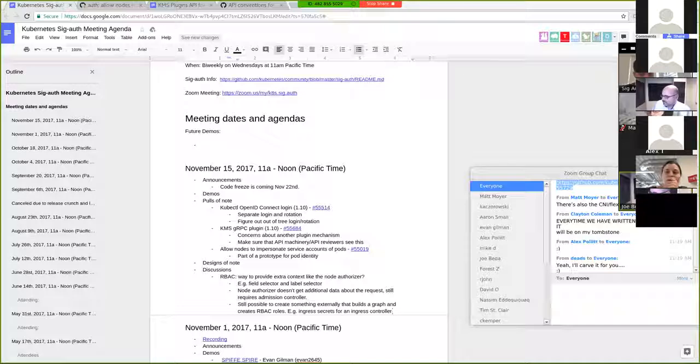The 1z case has to get easier though, and maybe this is to Mike's point. If it's still hard to do 1z rules because you're creating a role and a binding and a subject at the same time. There's a role and a binding. Yeah. So I think instead of manually writing 1z, 2z rules, you could write a controller that looks at ingress objects and decides which secrets the ingress controller should have access to.